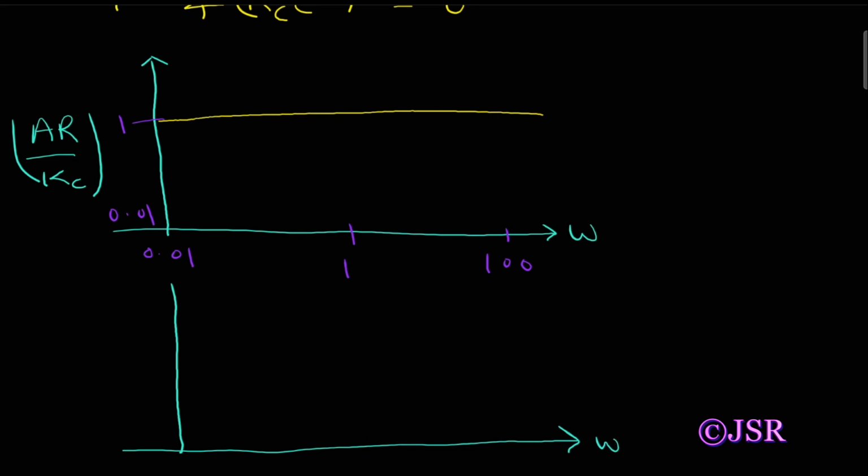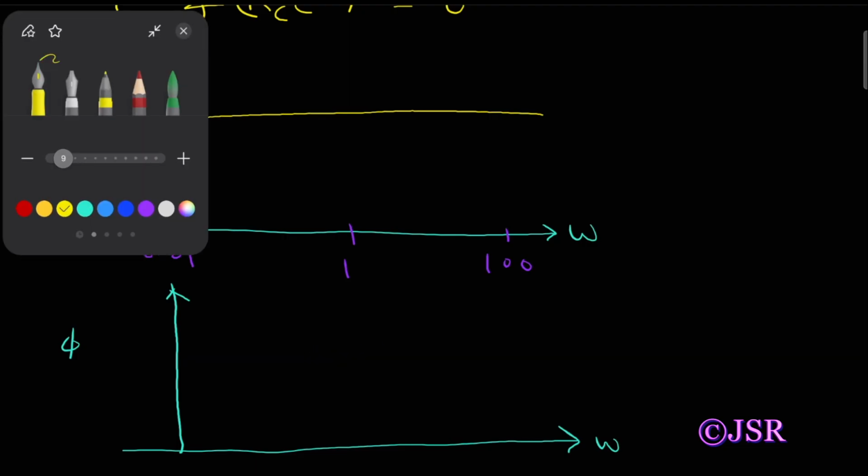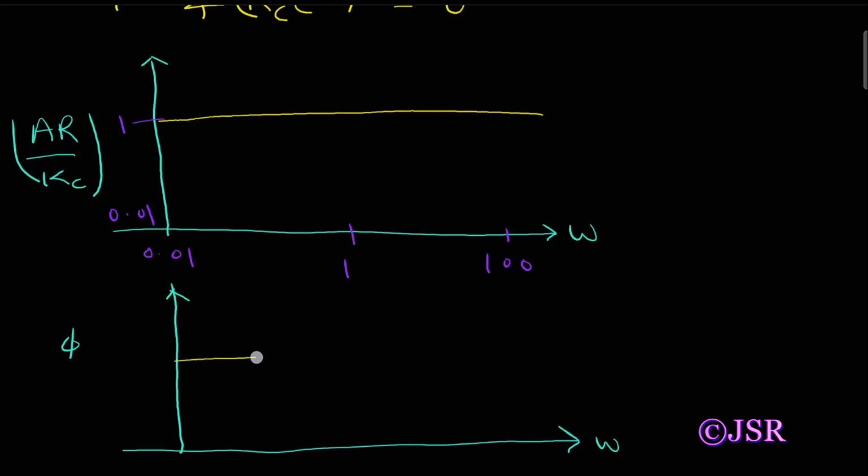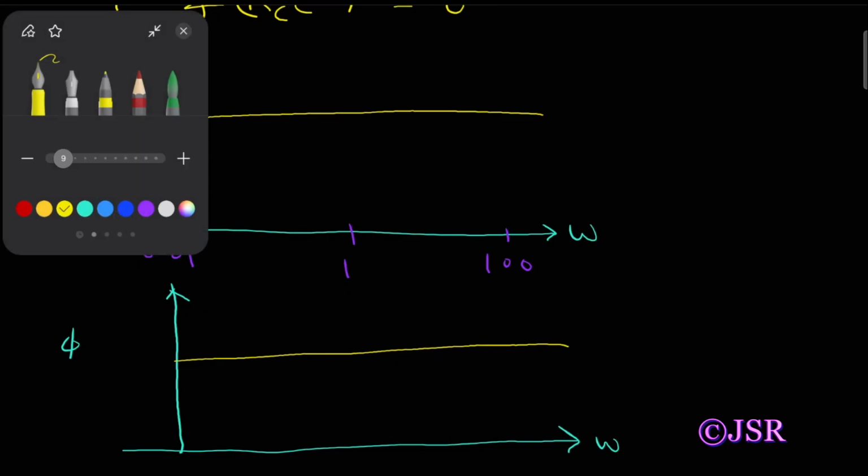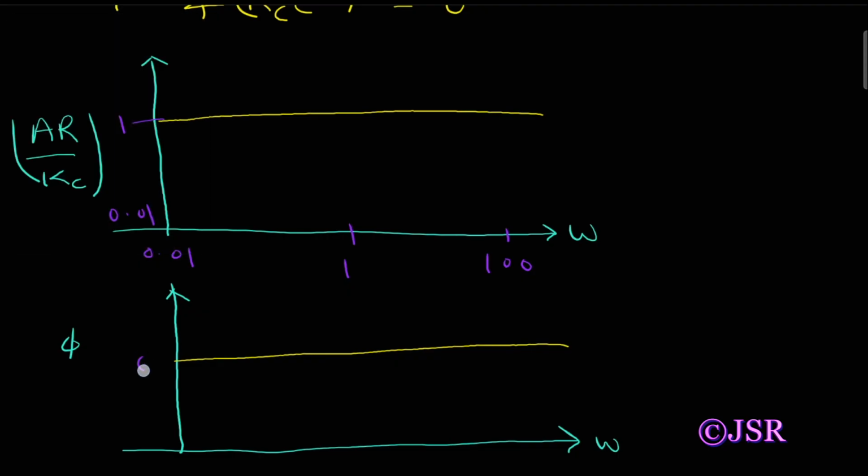This is omega and this is phi, and phi will be equal to 0 degree for all omega.